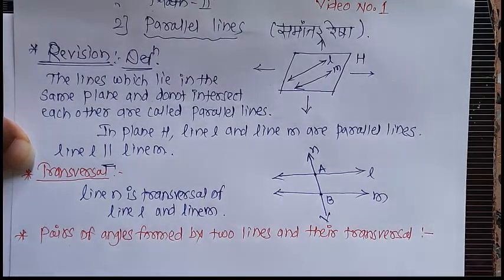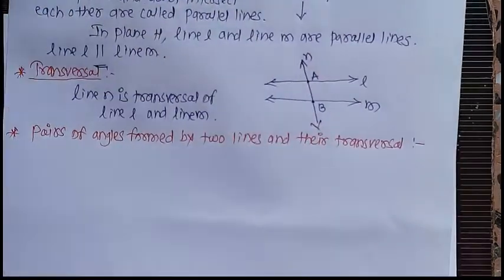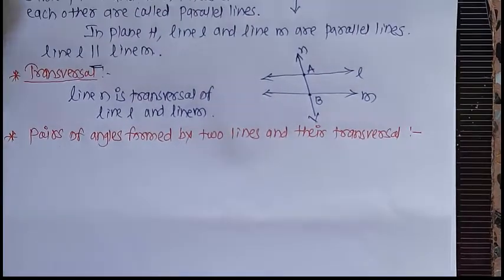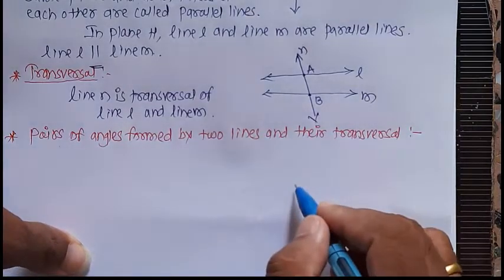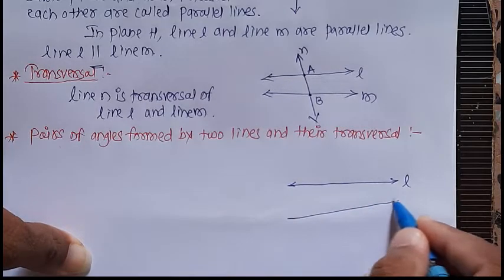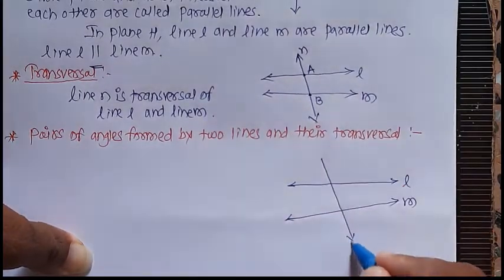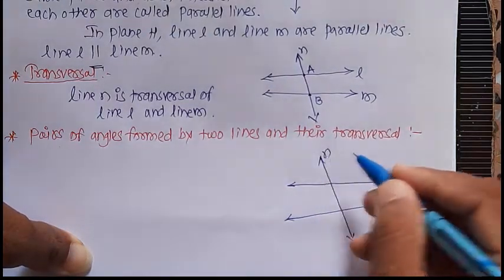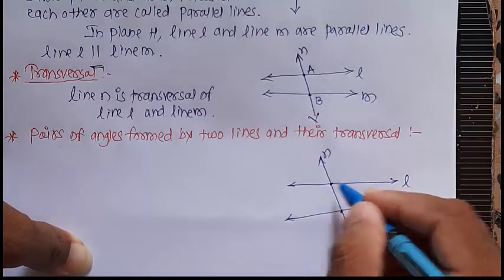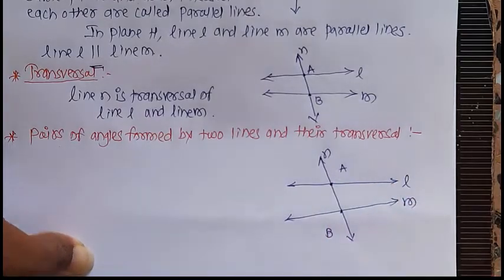For that we draw again two lines and one transversal. This is line L, this is line M, and we draw a transversal, suppose that line is N. We know a transversal intersects the given two lines at two distinct points, and those points are A and B.